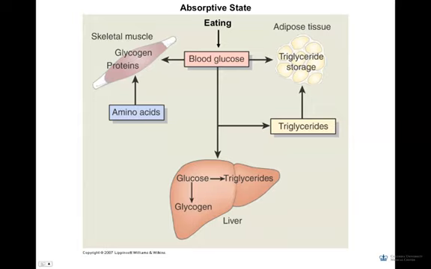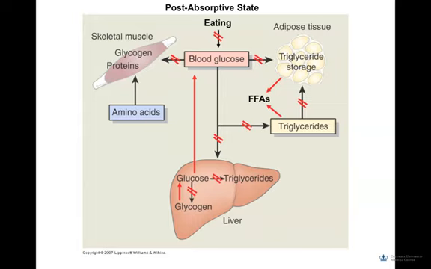So glucose in the liver can be converted into triglycerides and stored within the liver that way as well. And then adipose tissue also takes up blood glucose. Also, it takes up any fats that we are consuming with our meal and absorbing. And then within the adipose tissue, the triglycerides are stored, and the blood glucose that's taken up is also converted into triglycerides and stored. Okay, so that's what happens during the absorptive state.